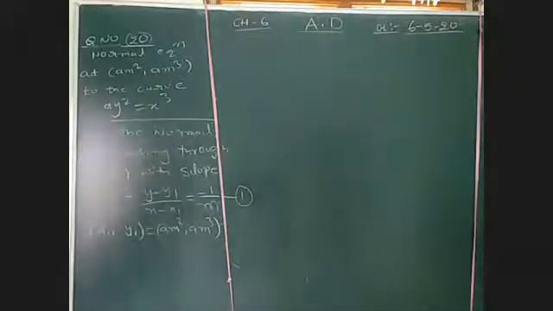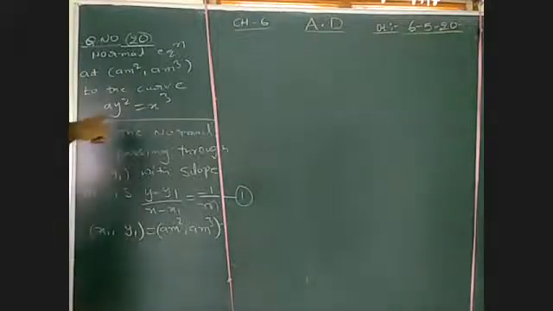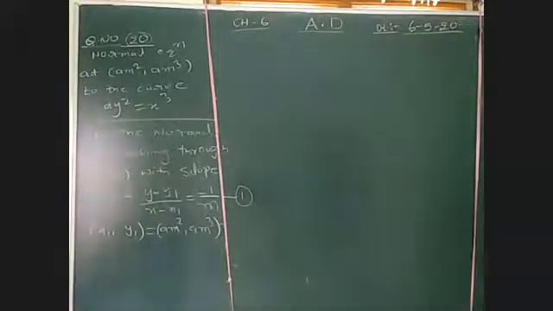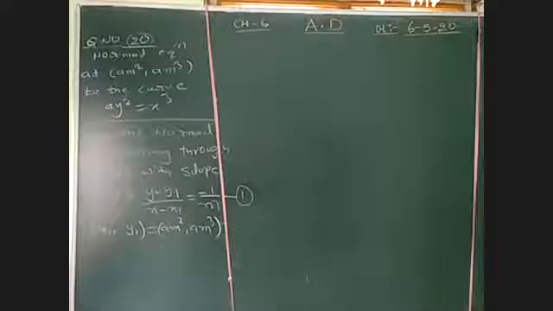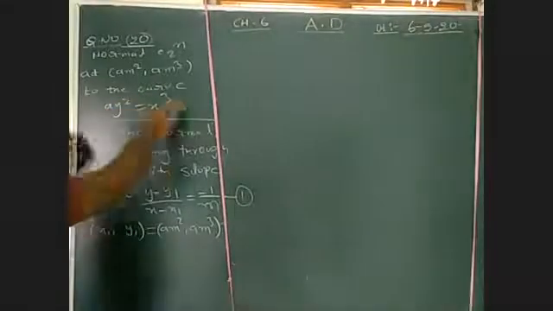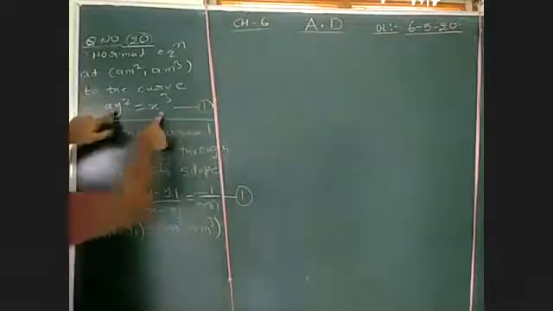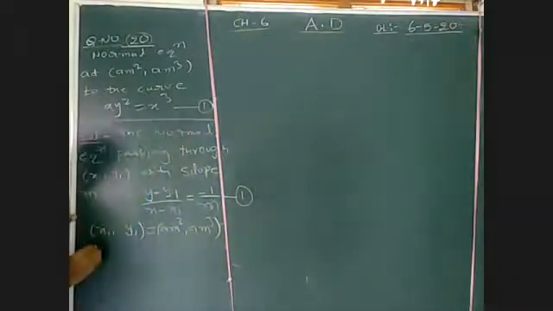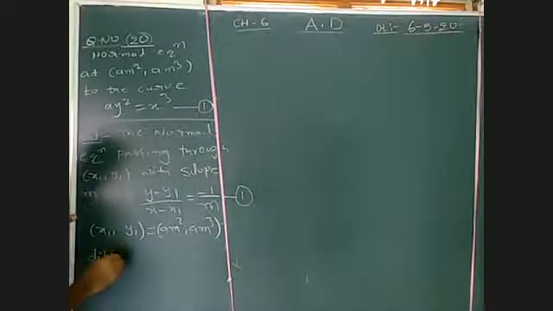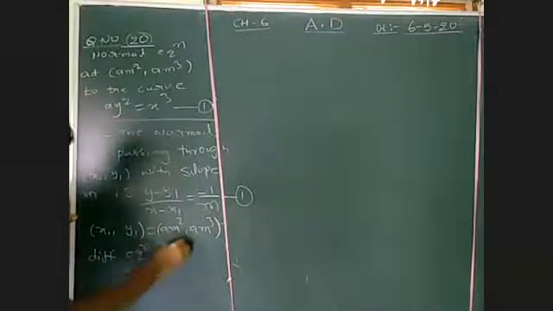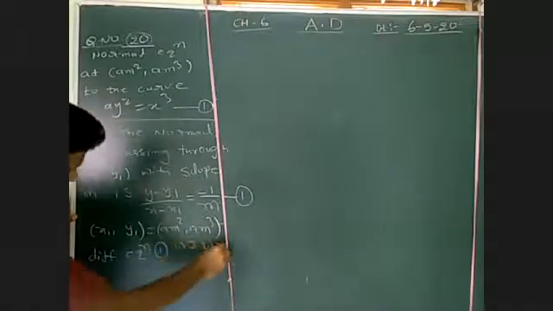We know x1, y1; we need to find the m value. For finding slopes, just differentiate the given equation, that's it. Differentiate the given equation, we'll get dy by dx. The dy by dx is the slope. So now let us take this as equation 1. Differentiate equation 1 with respect to x.